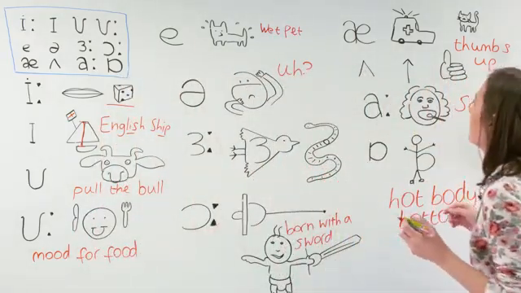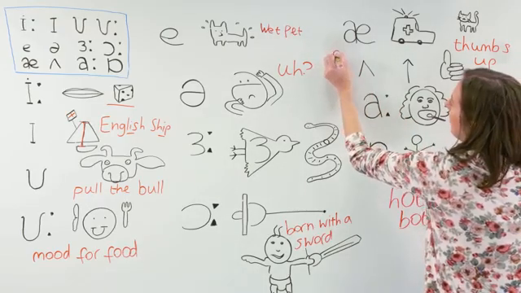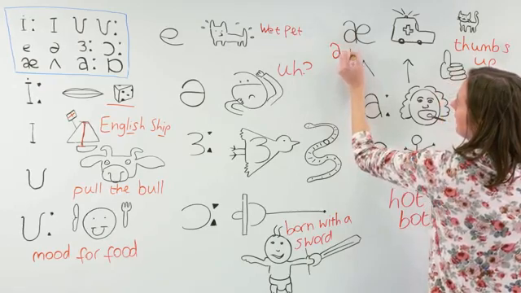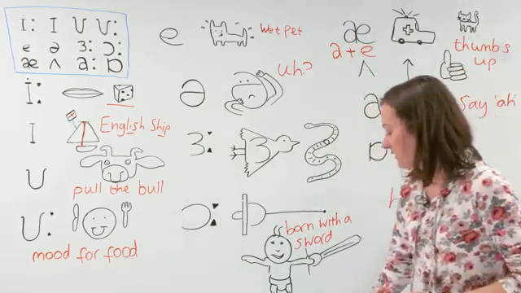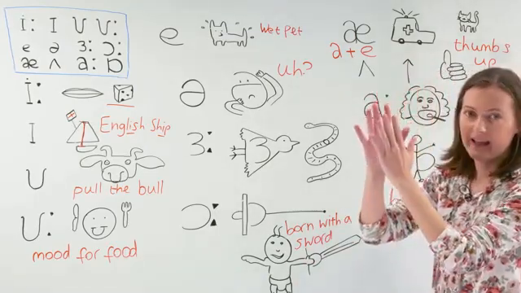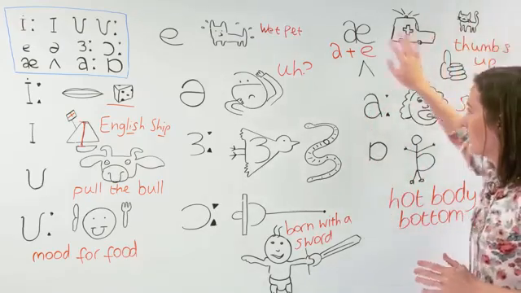So we can remember it something like A plus E. And when we bring those sounds together, we get the sound in the word cat.